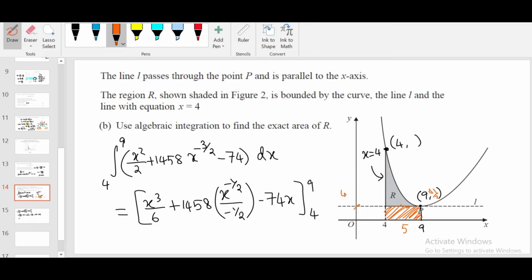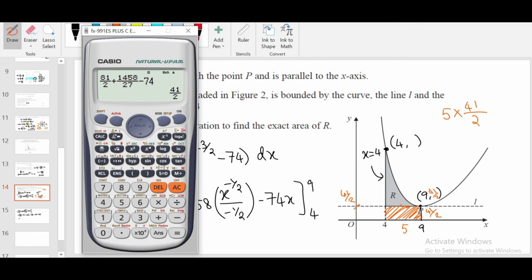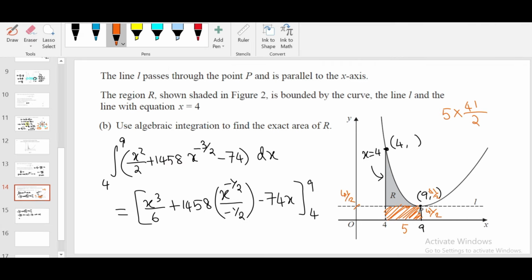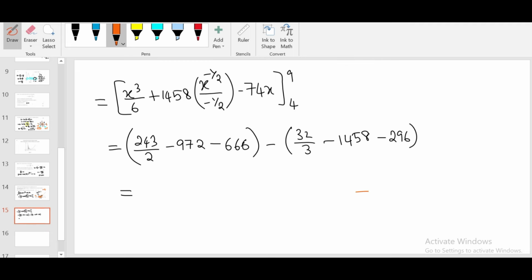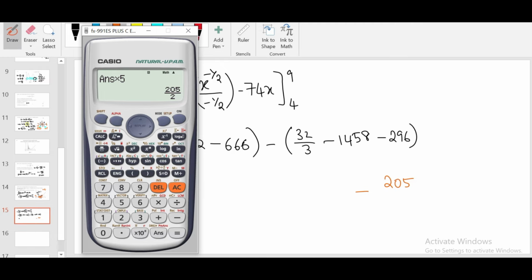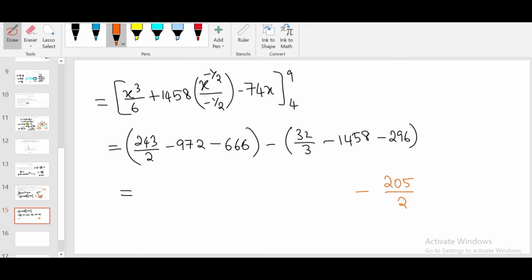So the width is 41 over 2. So the area of the rectangle is basically 5 times 41 over 2, 205 divided by 2. Whatever we are getting here, we need to subtract 205 divided by 2 from this area. That would be the final answer.